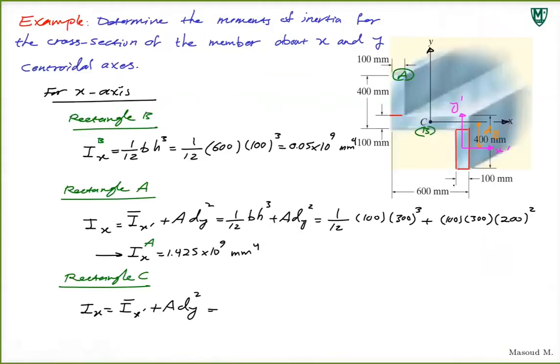In this case, width is 100, so 1/12 bh cubed plus A dy squared. 1/12, b is 100, h is again 300, cubed plus the area for this also is similar to rectangle A. So it's 100 times 300.